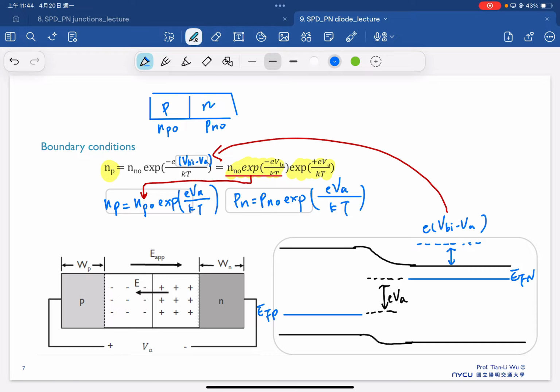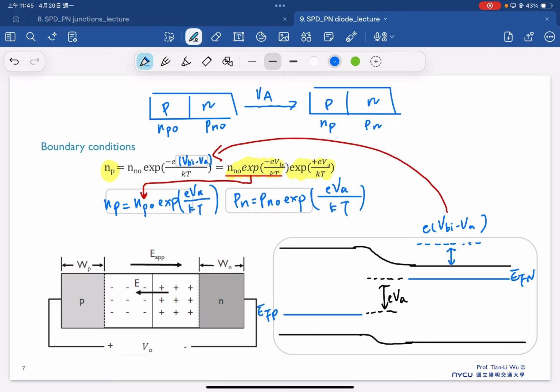But now this is under the bias, which is VA, forward bias. Once we apply the forward bias, for sure we can expect that the minority carrier concentration should be different, right? Because certain carriers start to flow. So in the end, we want to understand the NP and PN here.